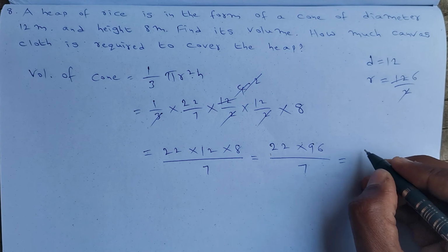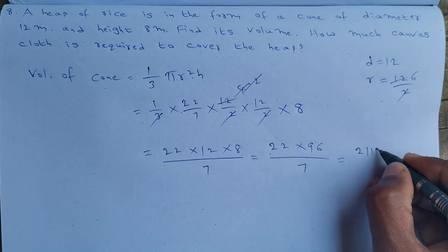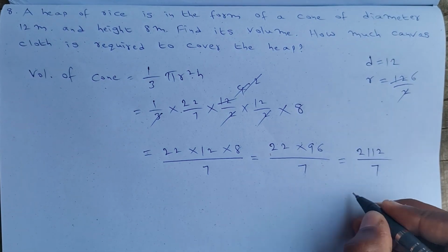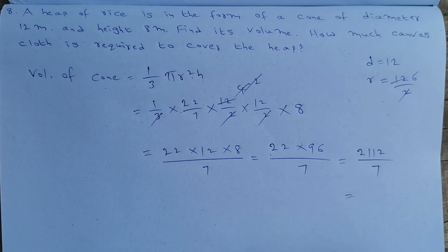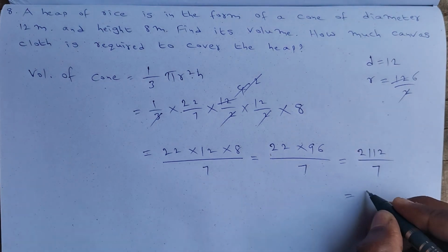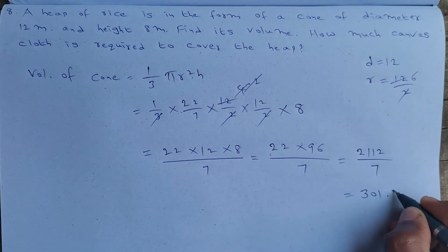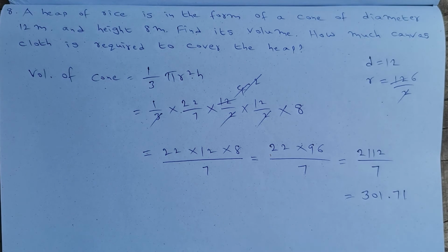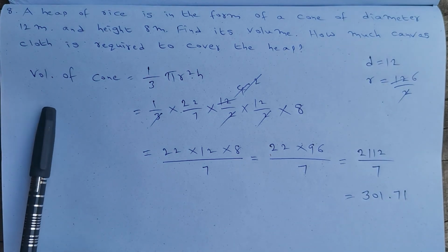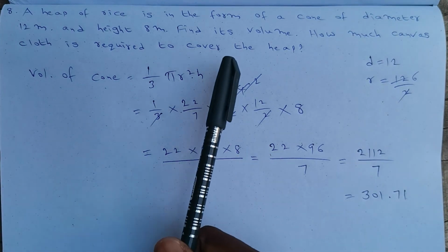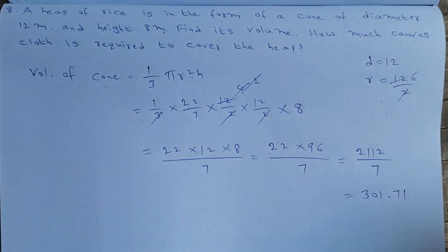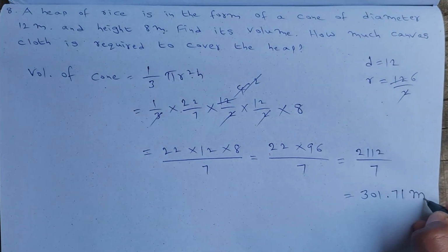So 22 into 96 nothing but 2112 divided by 7. So 2112 divided by 7, that is 301.71. We are going to find the volume, and all the measurements are in meters. So that's why this will become meter cube.